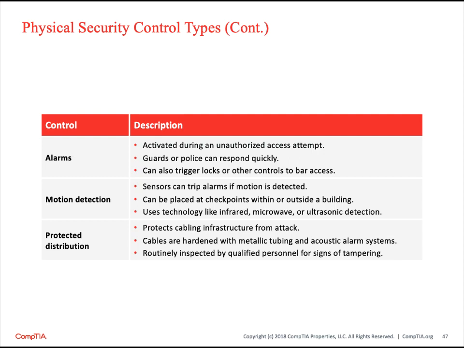Alarms should be up next. Alarms are activated when there's an unauthorized attempt, and it requires a quick response, right? So we could have a security guard in place locally that can respond quickly, or maybe a police officer that is able to respond to the alarms. These alarms can also trigger other things.